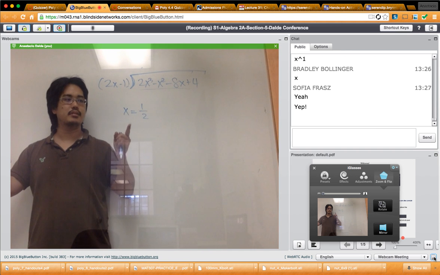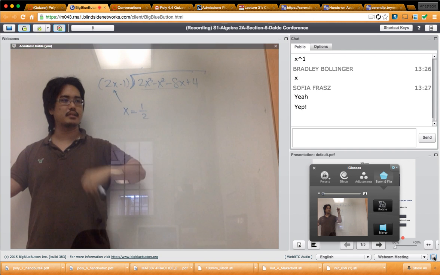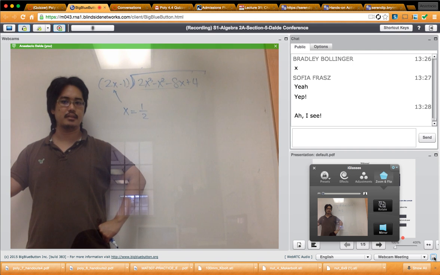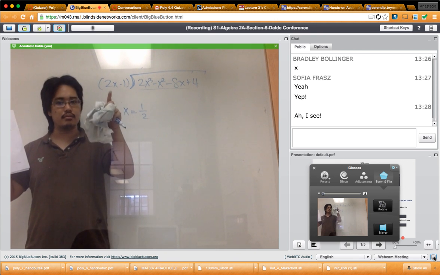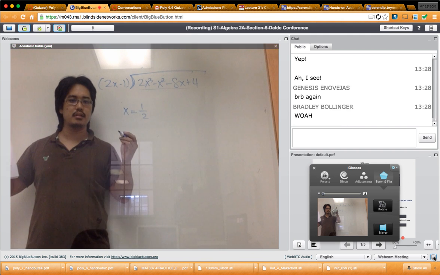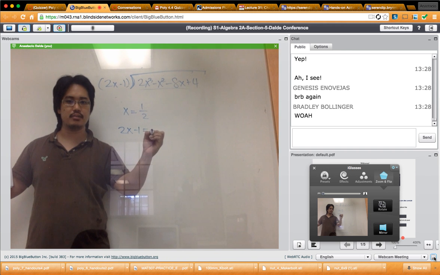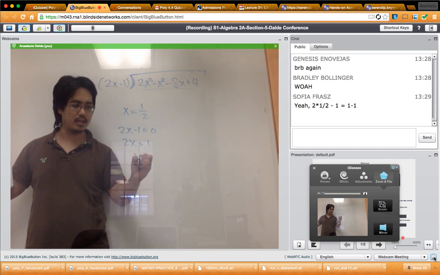Now, this is actually saying the same thing. Do you see it? Because if I told you that this was the root right here, 2x minus 1, and I set that equal to 0, and I solve for x, that would be 2x is equal to 1, and then x is equal to 1/2.